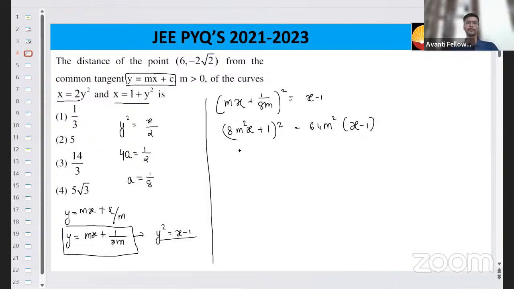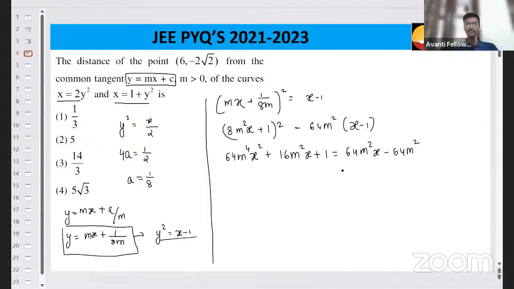Okay. So a square: 64 m raised to 4 x square, plus 2ab: 16 m square x, plus b square, is equal to 64 m square x minus 64 m square.